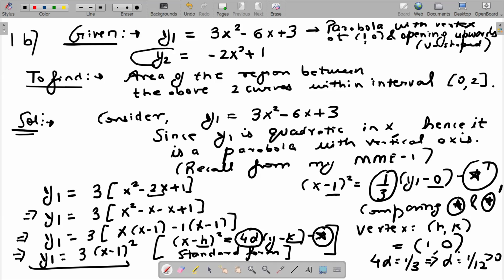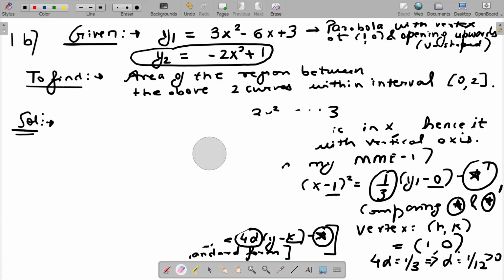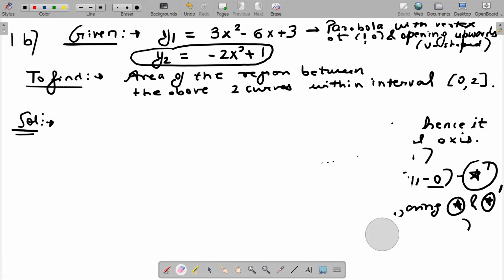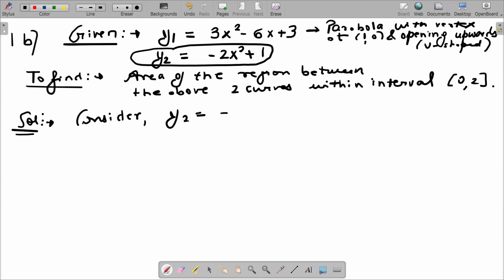Now let's look at this particular parabola. So if I erase all this off, again I can write, consider y2 is equal to minus 2x square plus 1.